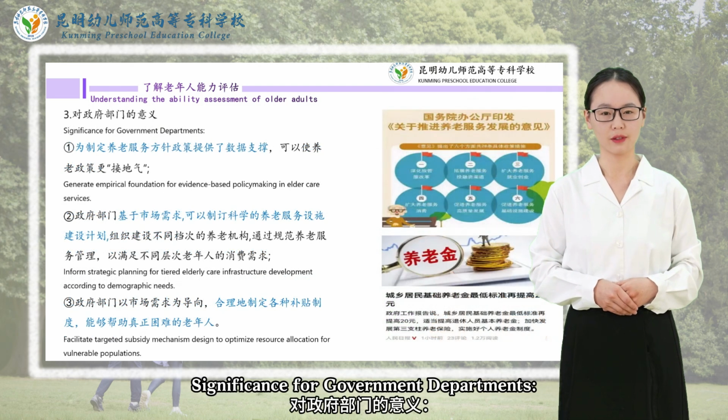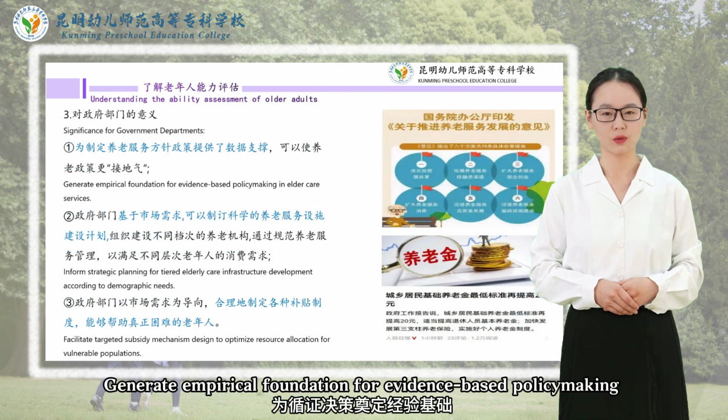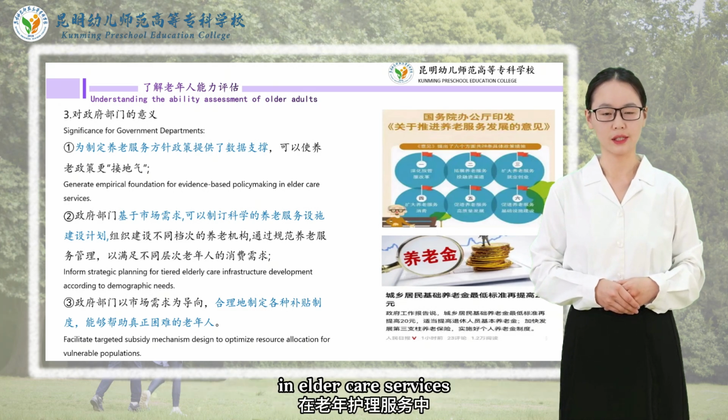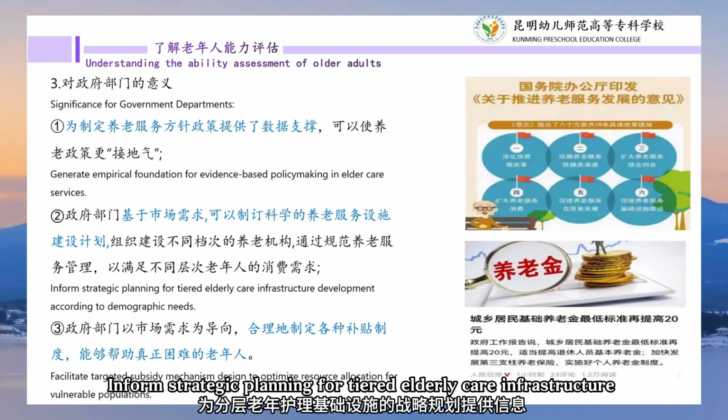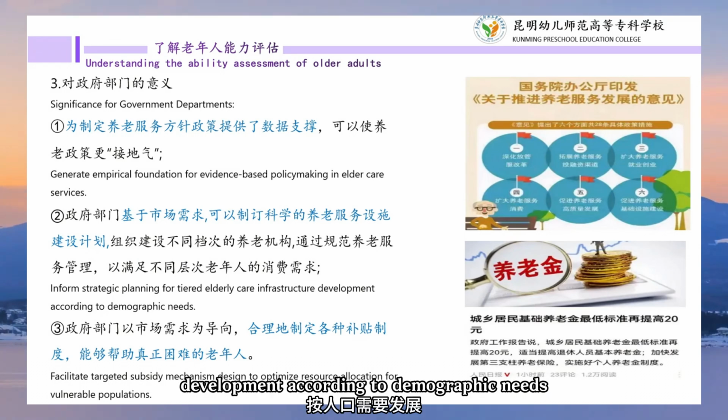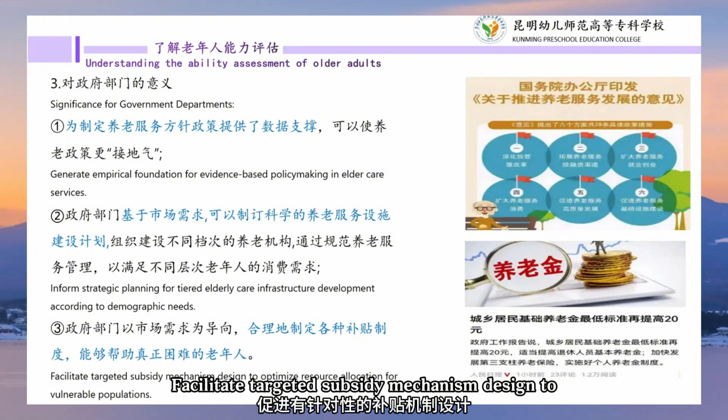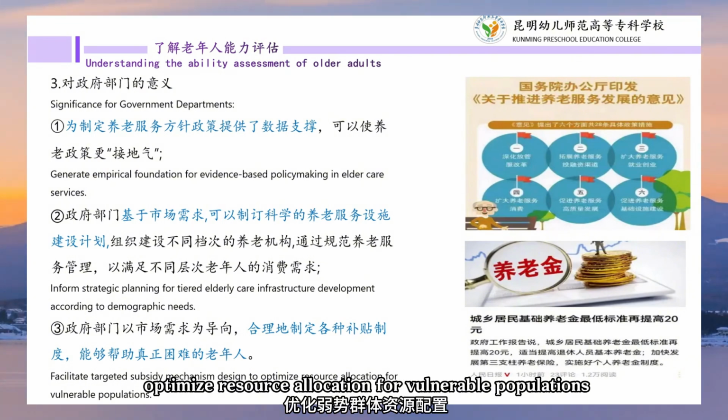Significance for government departments. Generate empirical foundation for evidence-based policymaking in elder care services. Inform strategic planning for tiered elderly care infrastructure development according to demographic needs. Facilitate targeted subsidy mechanism design to optimize resource allocation for vulnerable populations.